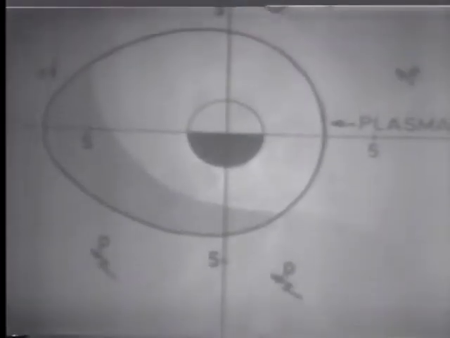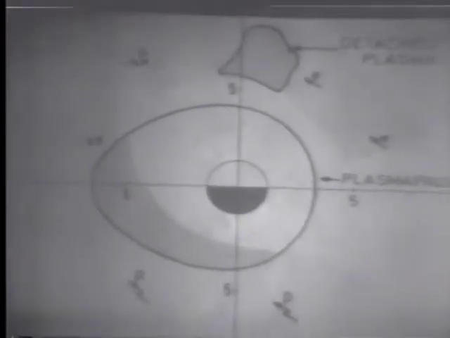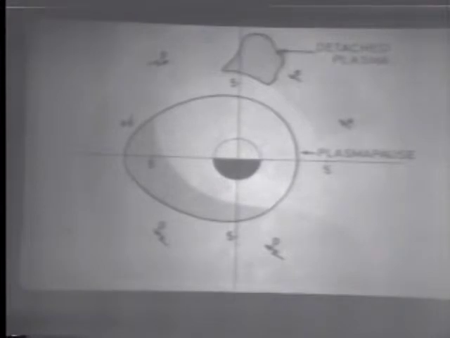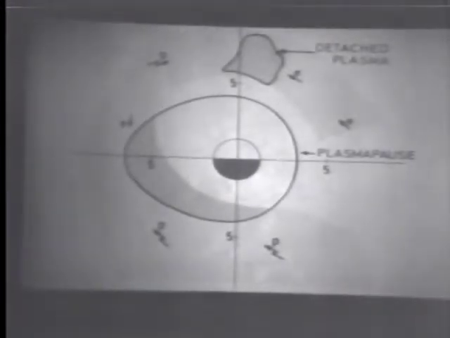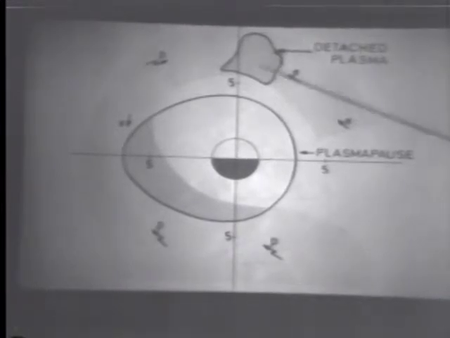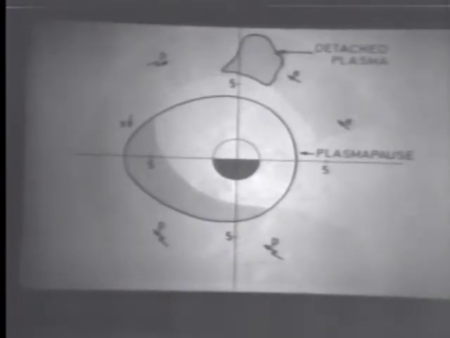Now, one can begin to speculate what you would expect to see, both by measuring precipitating particles on the ground, for instance, and also by looking at changes, say, in the pitch angle distribution of particles as satellites traverse such detached plasma regions.